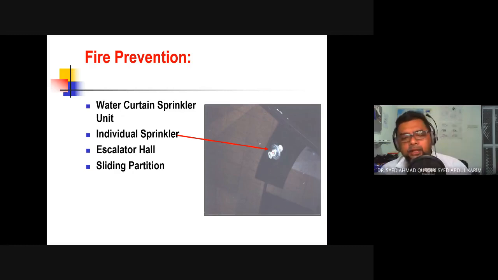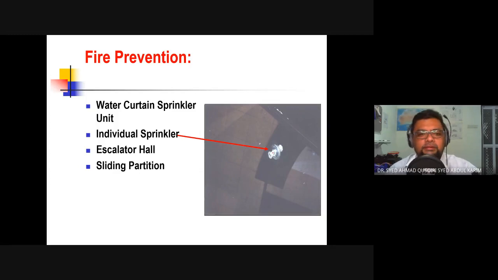So in an area where there's installation of escalators, we would install a fire prevention system that will make it harder for fire to move upwards through this vertical access near the escalators.